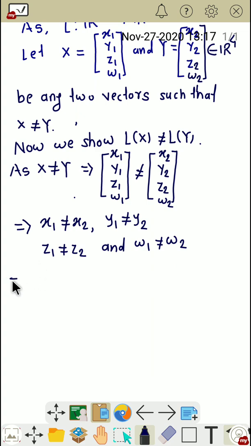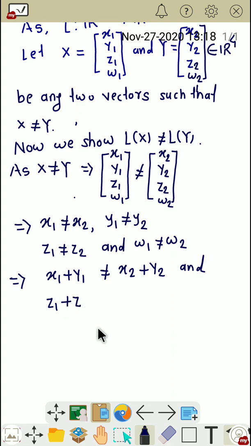So from these equations we can write that x1 plus y1 is not equal to x2 plus y2, and z1 plus w1 is not equal to z2 plus w2.